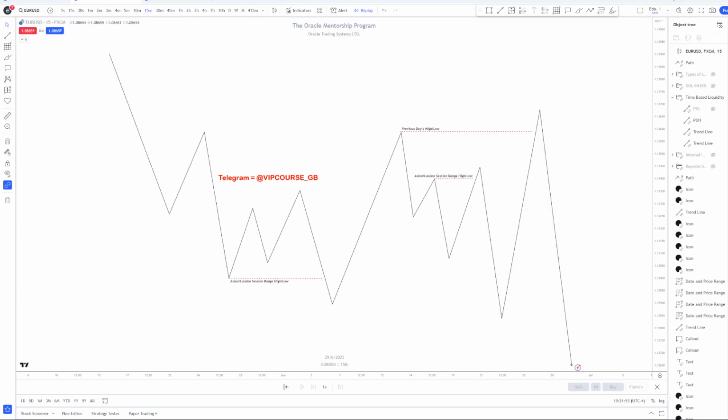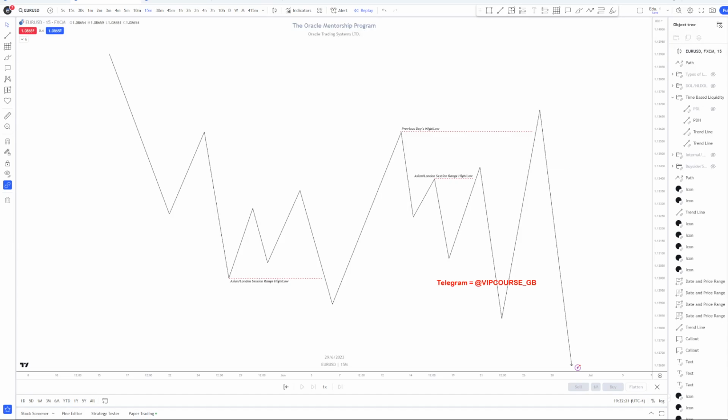The New York session does as well, but the thing about New York is that there's no session following New York. So we don't look at the New York session range as closely, because after that is spread hours. It's central banks dealer range, it's called, and it's very thin liquidity, so we don't look at that either. But what we look at is the Asian range and the London range.